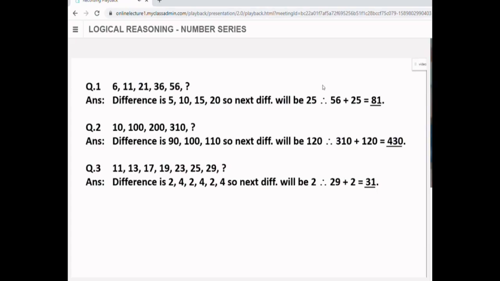So then next 2, then 4, then 2, then 4. You're getting the difference. I told you, the best method to solve is the difference method. So now you got 2, 4, 2, 4, 2, 4. It's a pair. The next difference has to be 2. After that, it will be 4. Correct? So 29 plus 2. So the answer is 31. If you want, you may write down the explanation also.